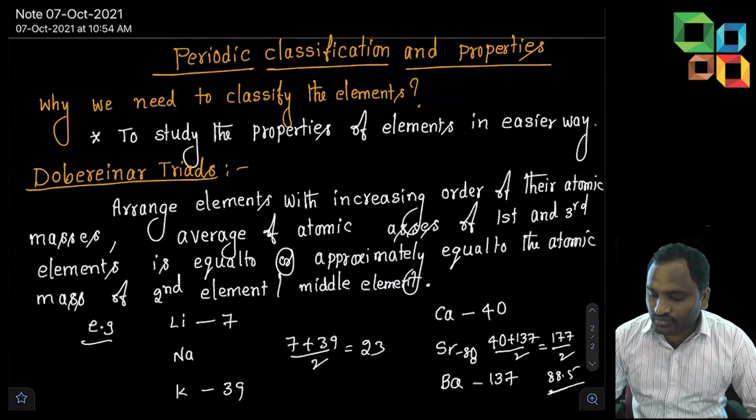Next, you need not remember all the atomic masses or calculate averages. How they ask questions, students: you need to identify which is a Dobereiner triad. Among the following, which represents the Dobereiner triad. The reason is, not all the elements in the periodic table follow this concept. This has some limitation. Only some elements could be arranged in triad form.